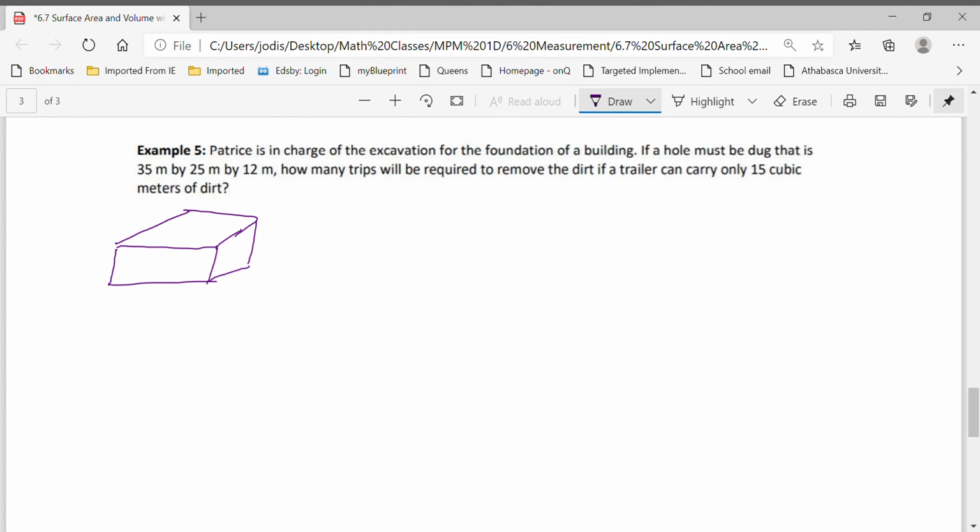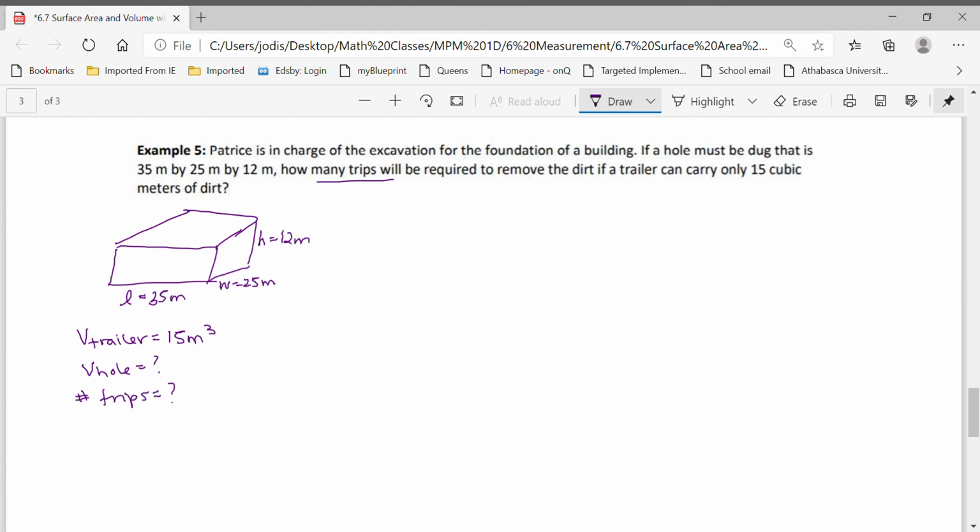Alright, so if we have length is 35, width is 25, and my height is 12. We want to know how many trips will be required to remove the dirt if a trailer can carry only 15 cubic meters of dirt. So the volume of the trailer is 15 meters cubed. Okay, so we need to figure out what the volume of the hole is first, and then we have to figure out the number of trips.